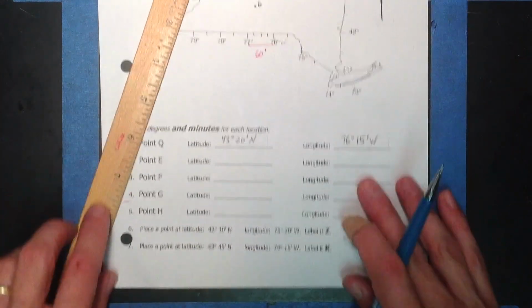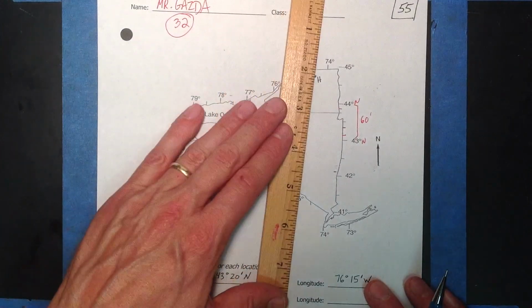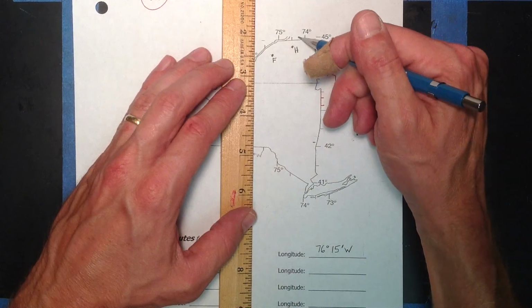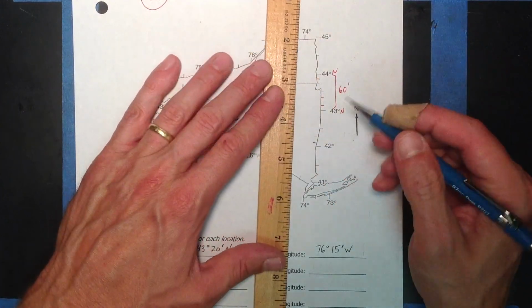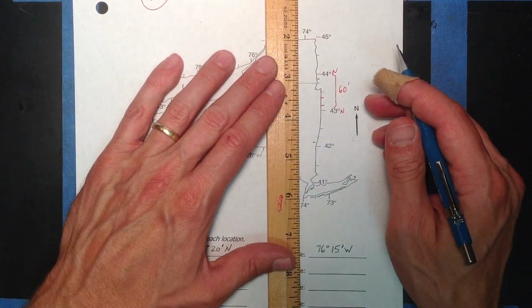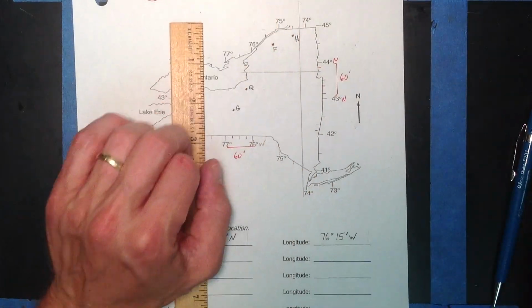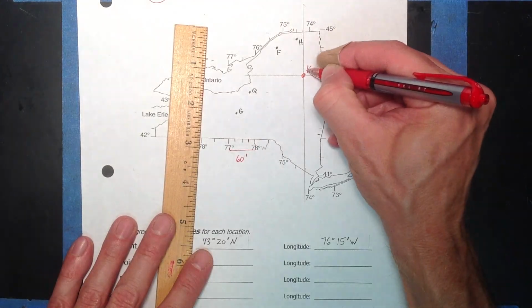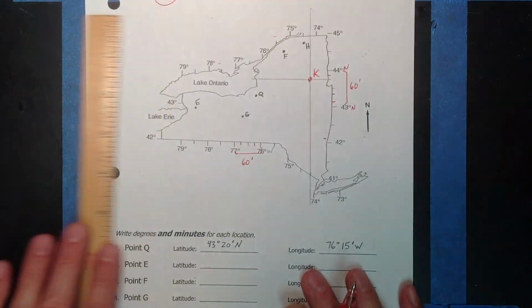About 43 degrees 45 minutes north, and then 74:15. Again, that's 74. That's 74:30. About halfway there. Maybe halfway here. It's going to go like this maybe, and then I'll label that K. I go like that. I label that point K very clearly.